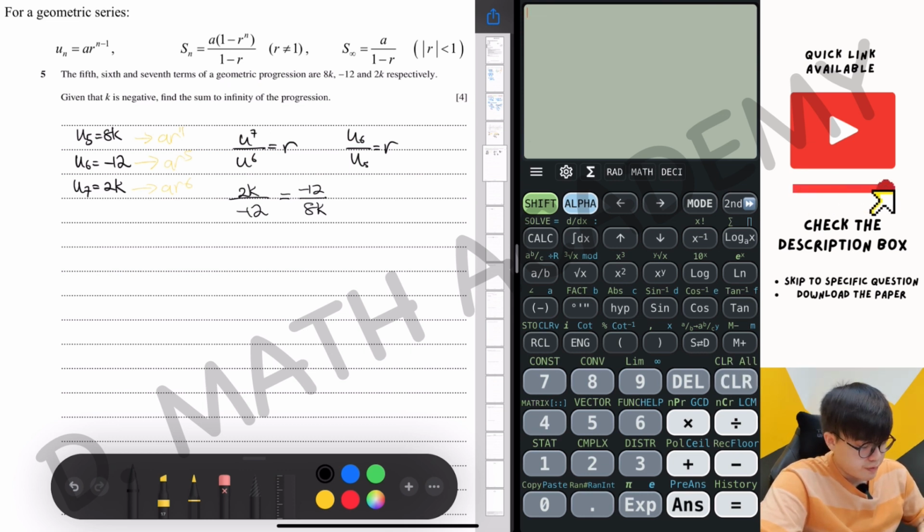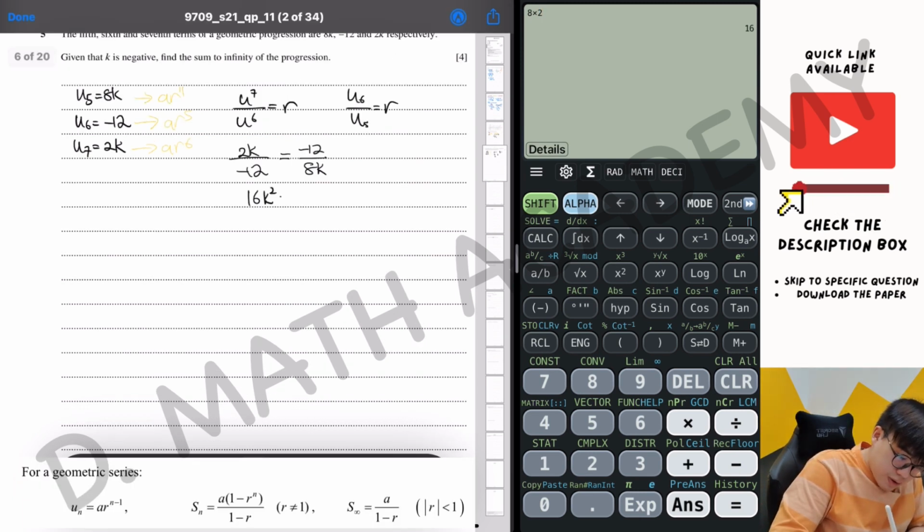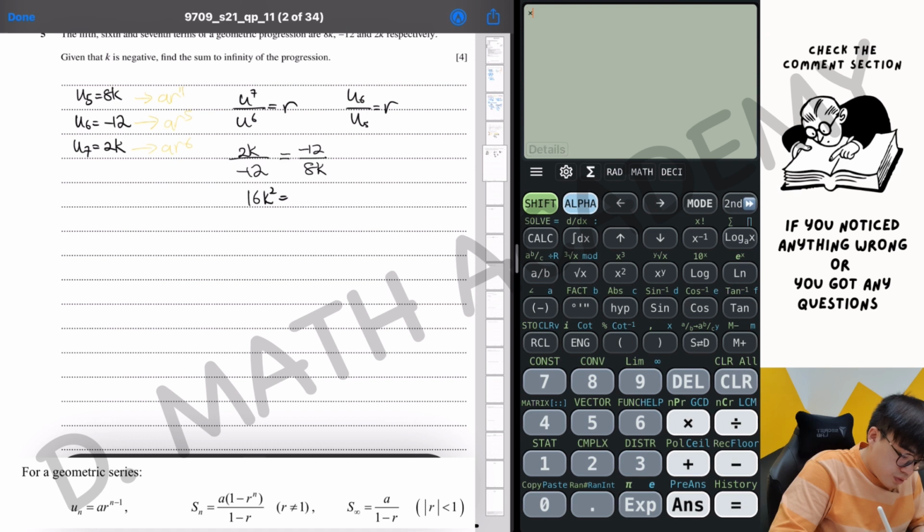So when we rearrange them, or should I say cross multiply, you should have 16k squared equals to 12 times 12, which is 144 if not mistaken. Notice that the negative is gone because negative times negative, so k value will actually be square root of 144 over 16.